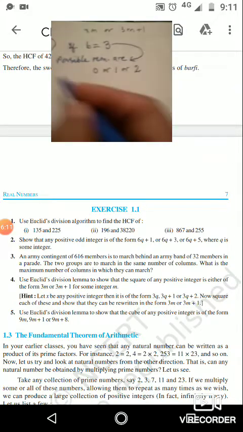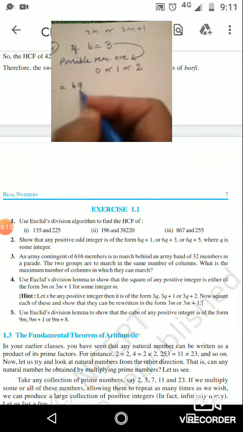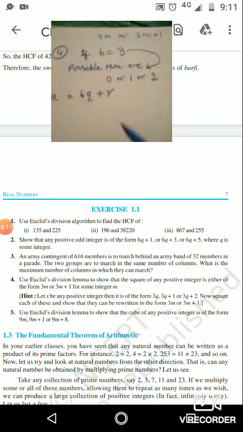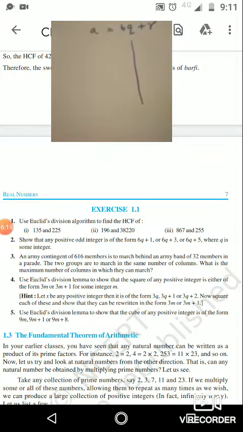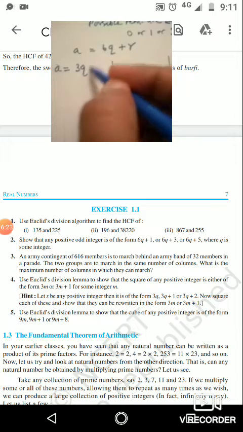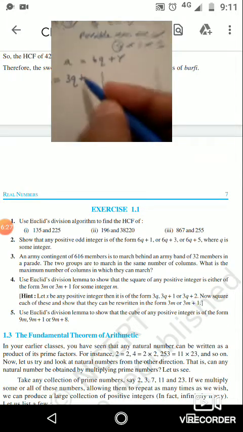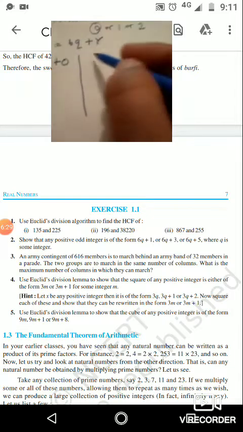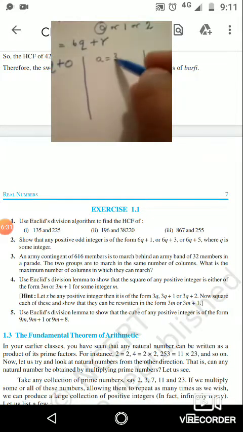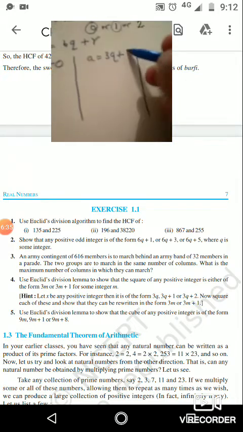Now I am using Euclid's division algorithm, A equal to BQ plus R. First, B is 3, Q plus R, first R is 0. Second, A is 3Q plus R, second R is 1.